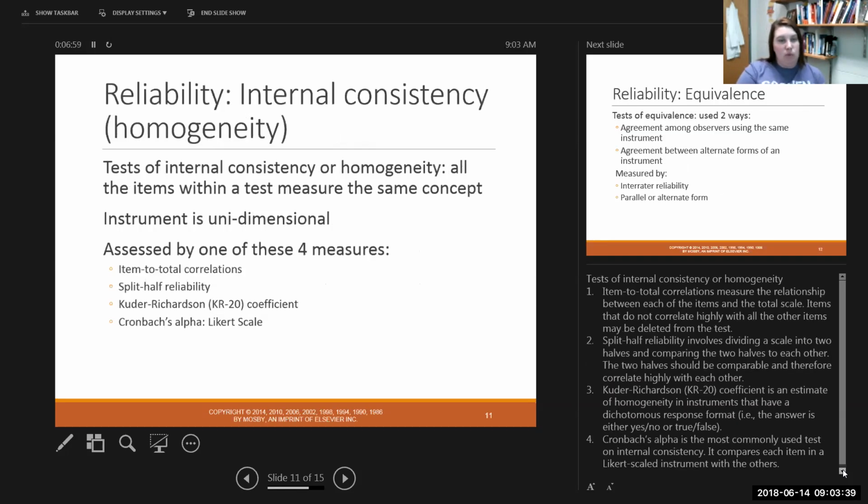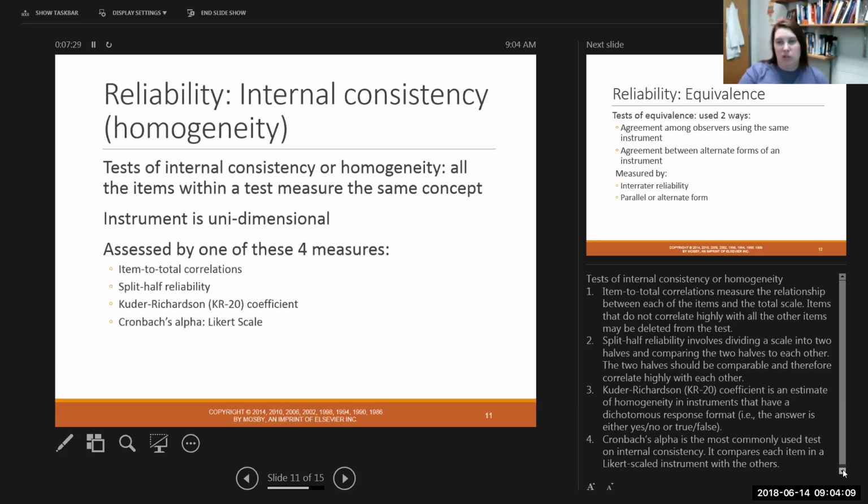Within reliability, we're looking for internal consistency, that homogeneity. Tests of internal consistency: all the items within a test are measuring the same concept. The instrument is unidimensional, and we are looking at one of four measures: item-to-total correlation, split-half reliability, the Kuder-Richardson coefficient, or Cronbach's alpha for a Likert scale.